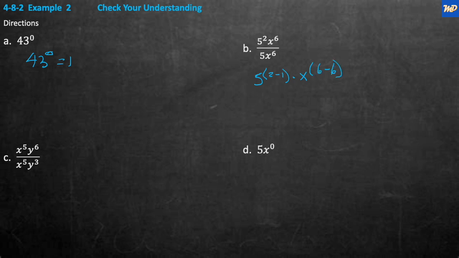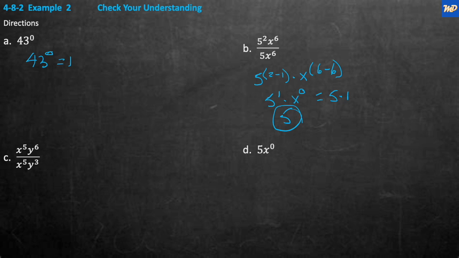So that ends up being 5 to the first power times x to the 0th power, which is equal to 5 times 1. The answer ends up being 5.